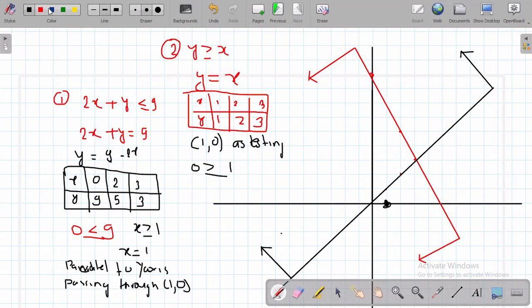So let me use the green color. So the line will be like this way. This is the third inequality. Now if you test the origin, x will be 0, and 0 greater than or equal to 1 is false. So the arrow will be away from the origin, like this way.